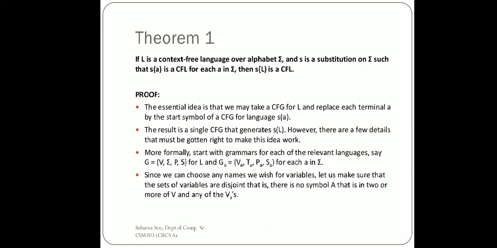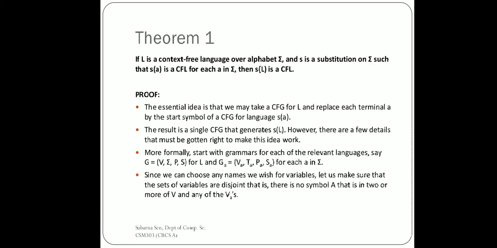Now, since we can choose any names we wish for variables, let us make sure that the sets of variables are disjoint, that is, there is no symbol that is in two or more of the V's. So we are just using different variable names here.